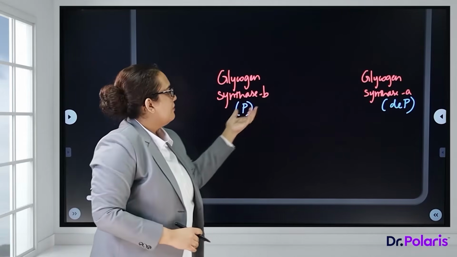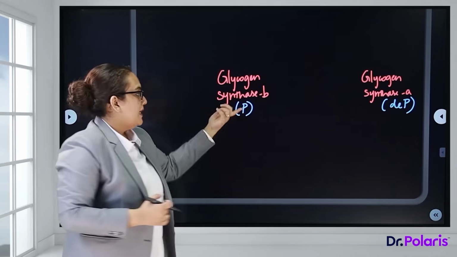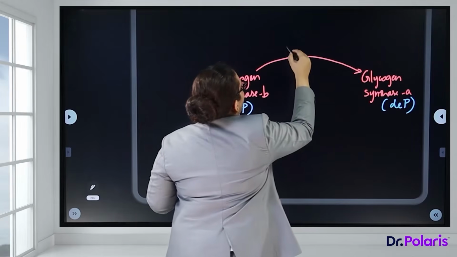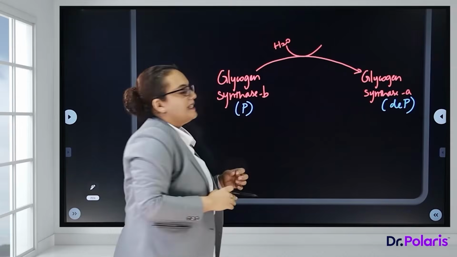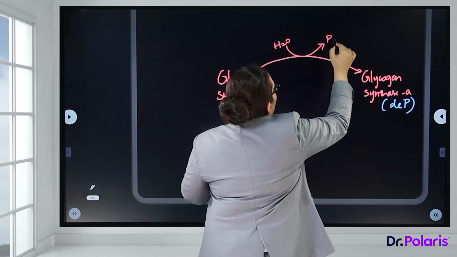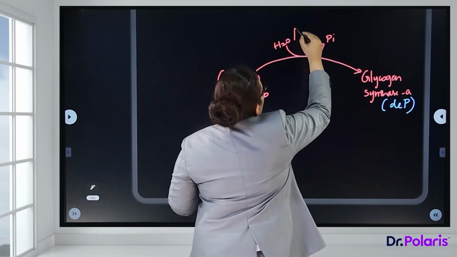Now, how do you convert phosphorylated to dephosphorylated? Simply, you have to remove the phosphate group from the enzyme. And to remove the phosphate group, you need a phosphatase enzyme. The phosphatase enzyme uses a water molecule and removes the phosphate from the enzyme. Okay, we need the enzyme phosphatase here.